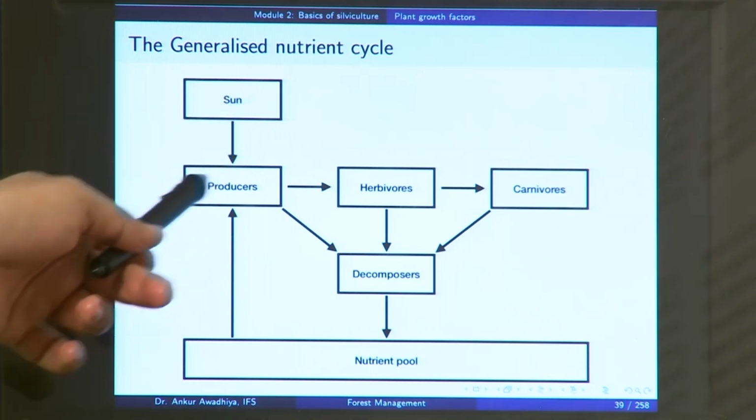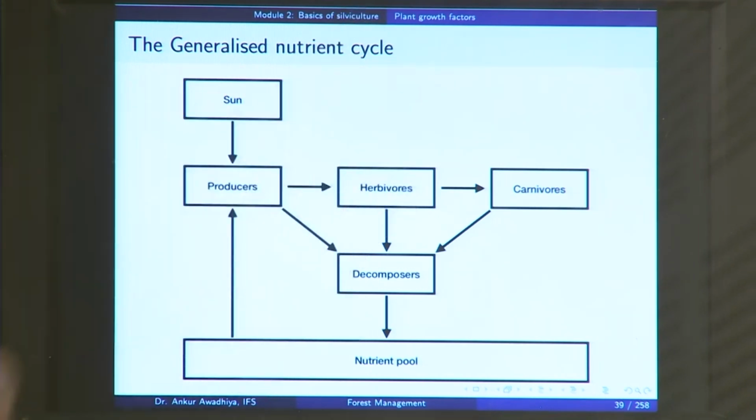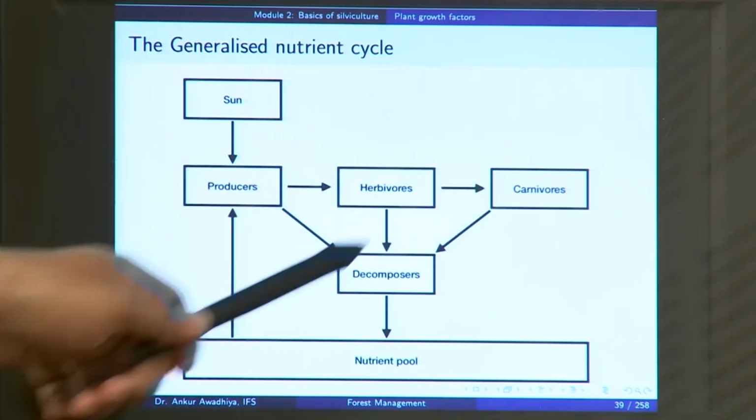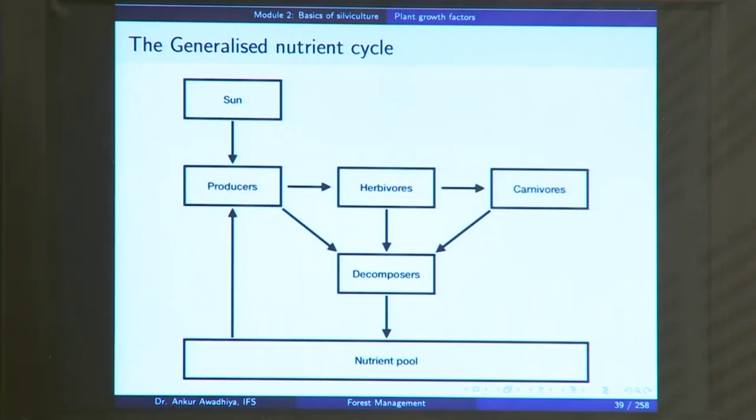Some energy which was fixed in their bodies was eaten up by the herbivores, which then use this energy to grow, to survive, to reproduce, and they are also releasing energy back into the system in the form of heat when they are doing the respiration. Similarly, the carnivores and the detritivores are also converting all this fixed energy into heat. So, energy is getting lost.